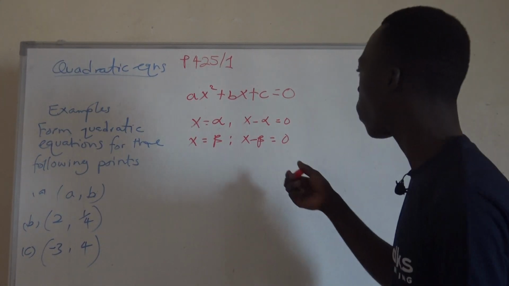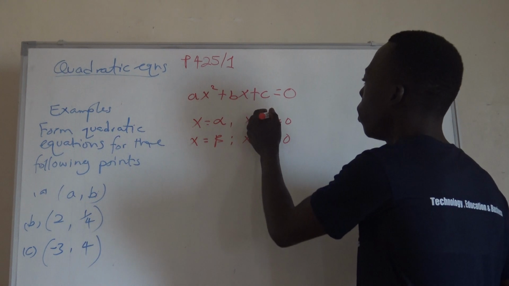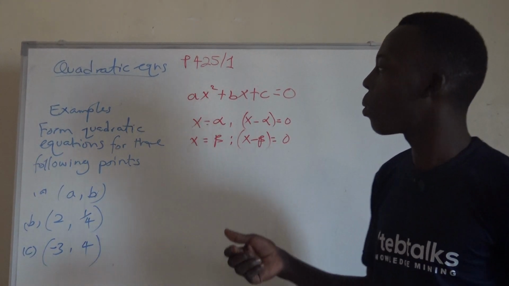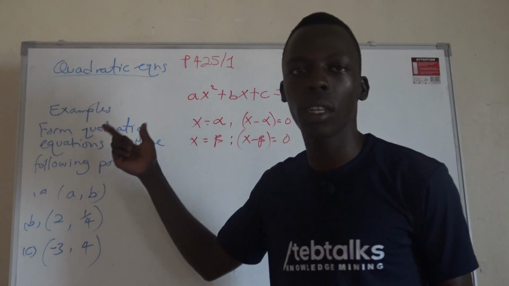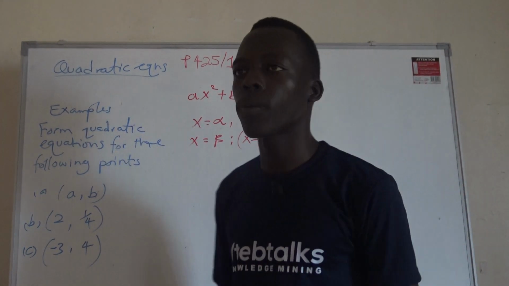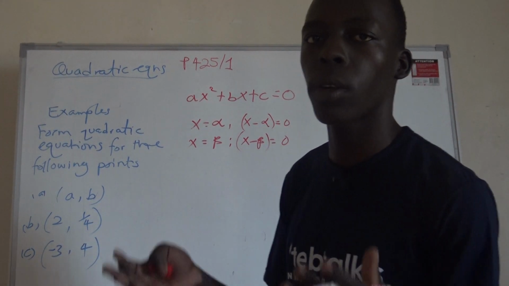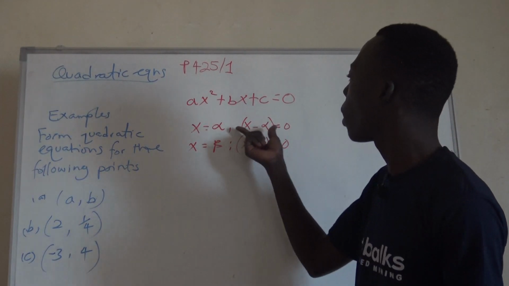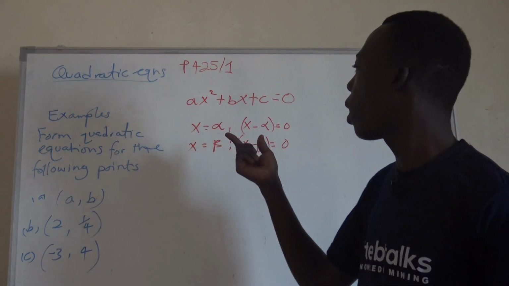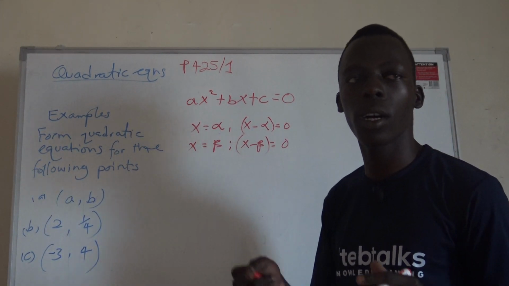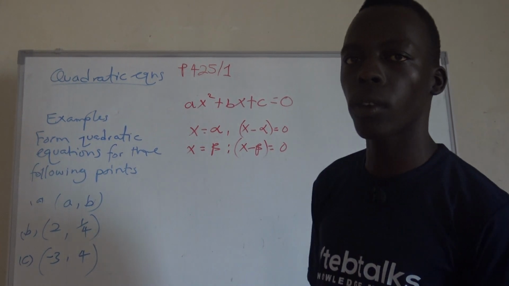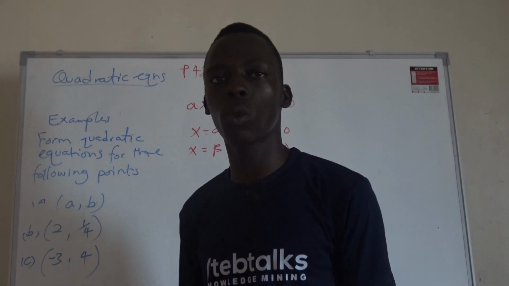Now when we are dealing with this, we are going to first put them in brackets, so that when we are getting a quadratic equation, we must have the sum of the roots and the product of the roots. So we are going to take x minus alpha and x minus beta as our roots. Because when you are getting the quadratic equation, we have said that you must have two roots.